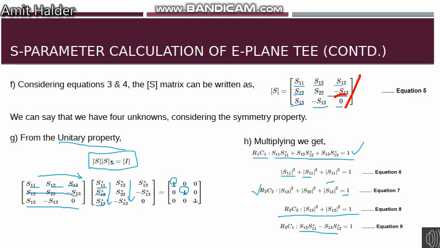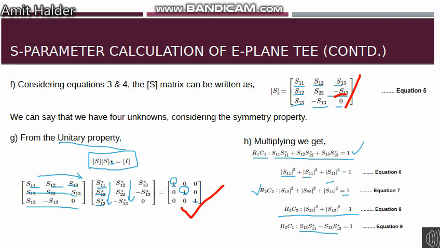From the unitary property, we can write that if each and every element and its complex conjugate are multiplied with each other, it will generate a diagonal matrix. What type of diagonal? A unit diagonal matrix, which is known as a unit matrix.